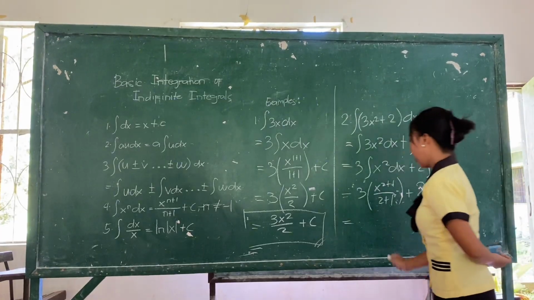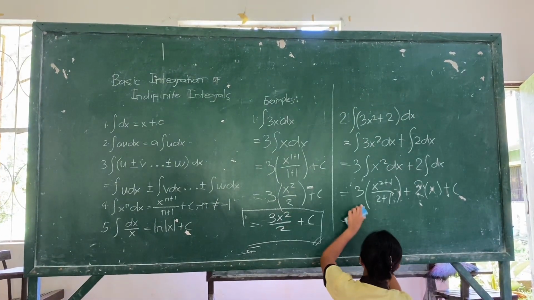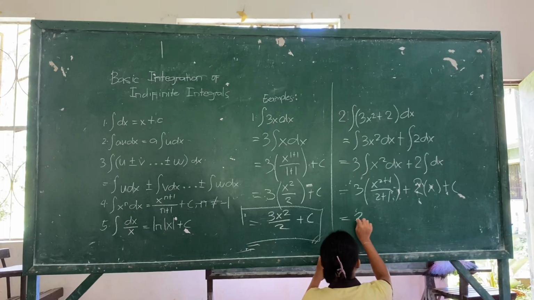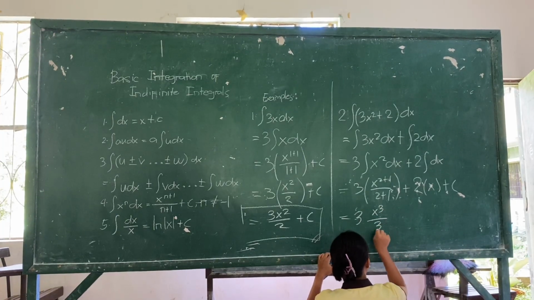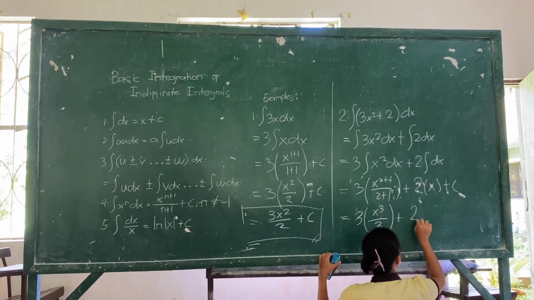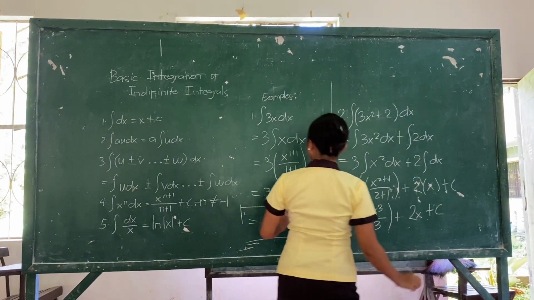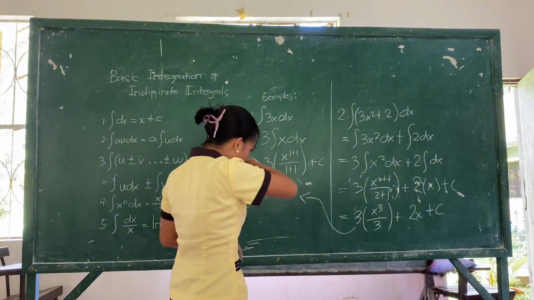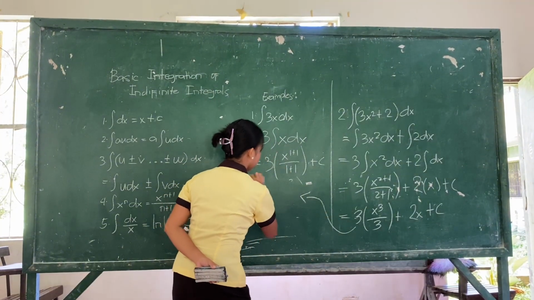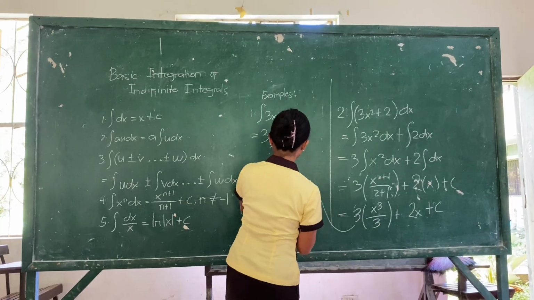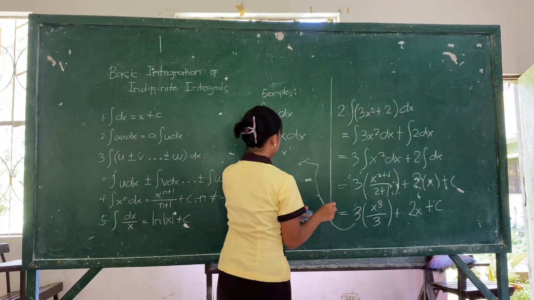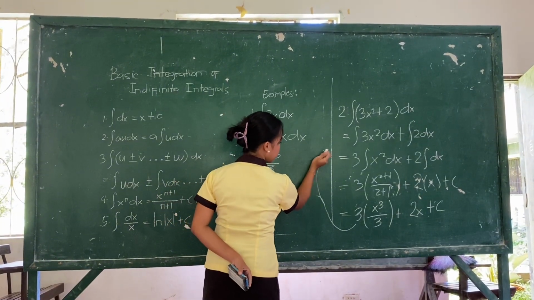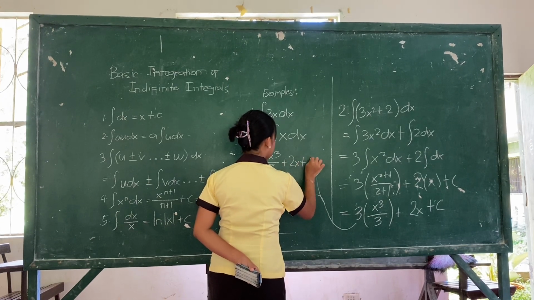Next, equate: 3x cubed over 3 plus 2x plus c.